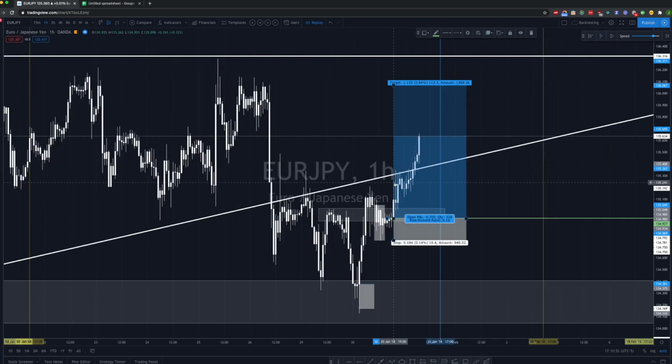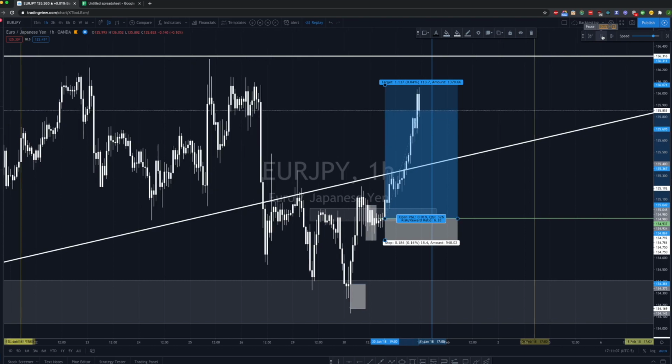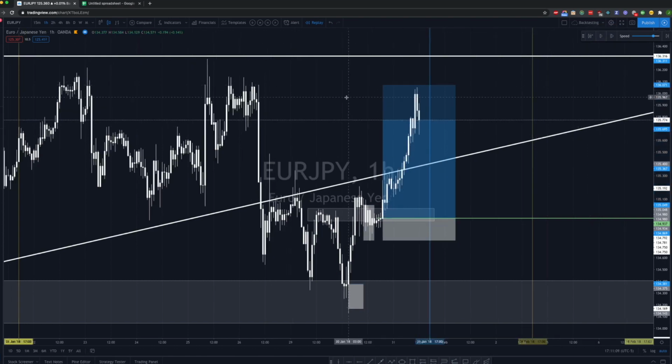Let's see what happens. All right, so at this point, I've recovered my 2 losses, because right now we are in 3.75 risk to reward, right? So I've covered back those 2 losses. So let's see if we could hit final targets. Oh, very close, very close. Not quite close enough.